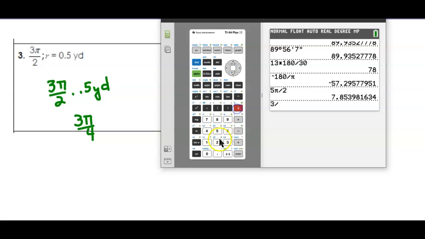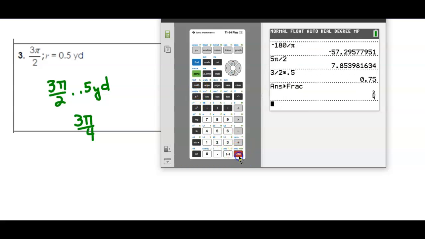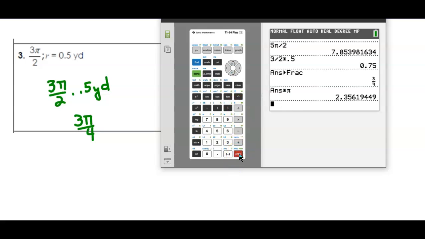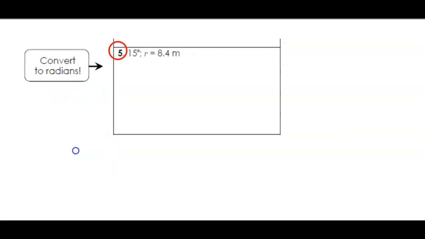You would type 3 divided by 2 times 0.5, math, enter, enter, and you'd get 3/4, and then you still have the pi that we didn't type in. The second part of the question is they want the decimal, so then I need to actually type the pi in there. And I get 2.3 or 2.4. All right, so I did 2 even though I said I wasn't going to.